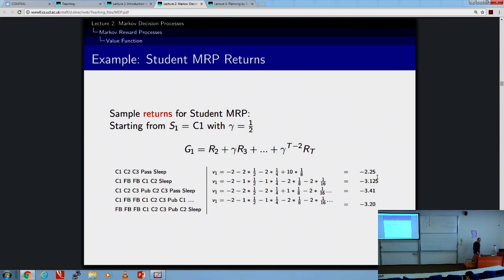Okay? So if you imagine basically doing this forever, starting at C1 and generating all these episodes, and looking at this value at the end, and taking a big average, that would be your expected value from C1. And that's the definition of our value function.